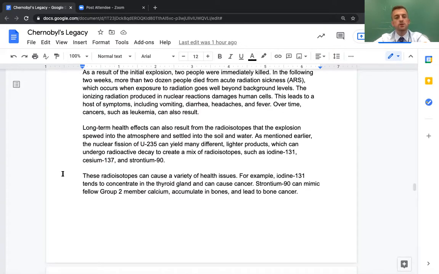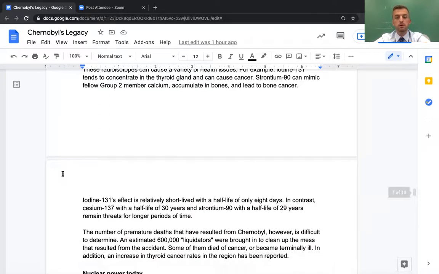These radioisotopes can cause a variety of health issues. For example, iodine-131 tends to concentrate in the thyroid gland and can cause cancer. Strontium-90 can mimic fellow group 2 member calcium, accumulate in bones, and lead to bone cancer.